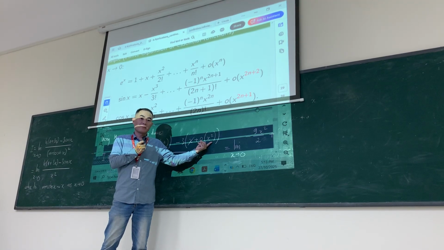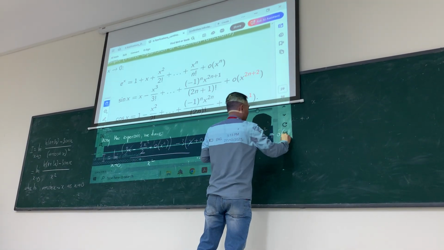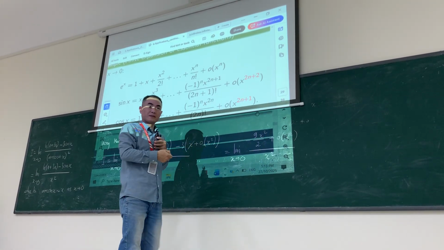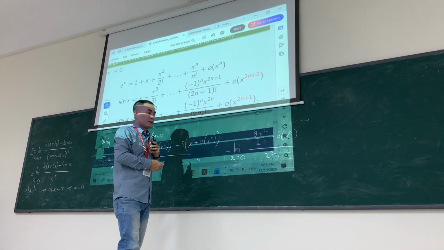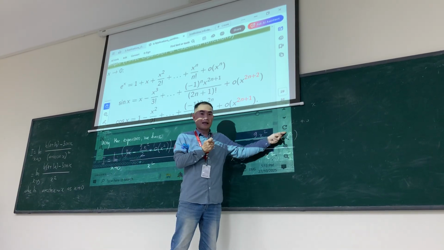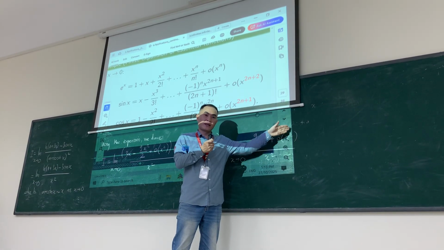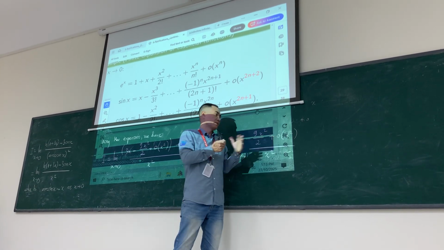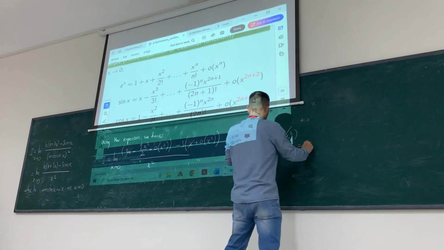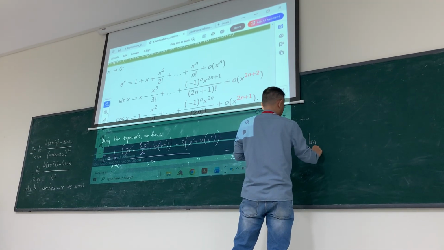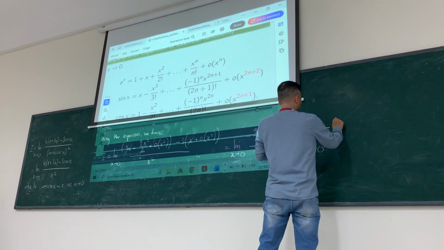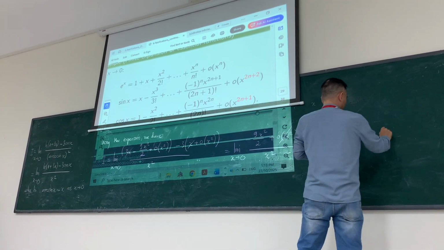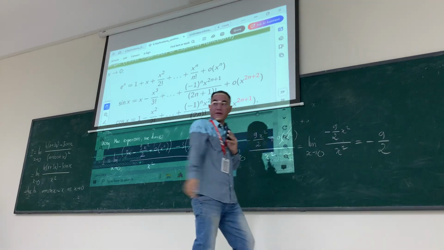Remove the same terms. We can reduce that. Higher order than x squared, we can delete. So finally, we can find the limits.